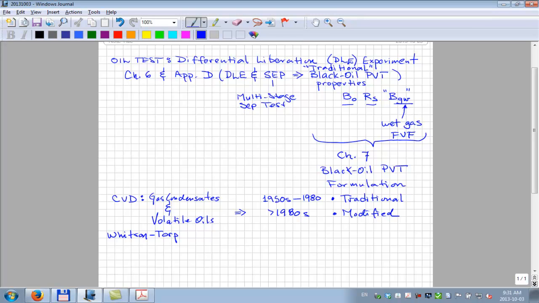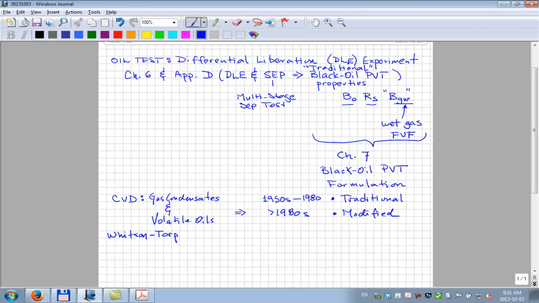All of these measurements are normally leading towards coming up with a PVT model. We don't often use the measurements from these tests directly anymore, as we used to up to about 1980. Up to about 1980, we used the direct laboratory measurements in our engineering calculations. That was the most common way to do things. Today, essentially nobody does that.